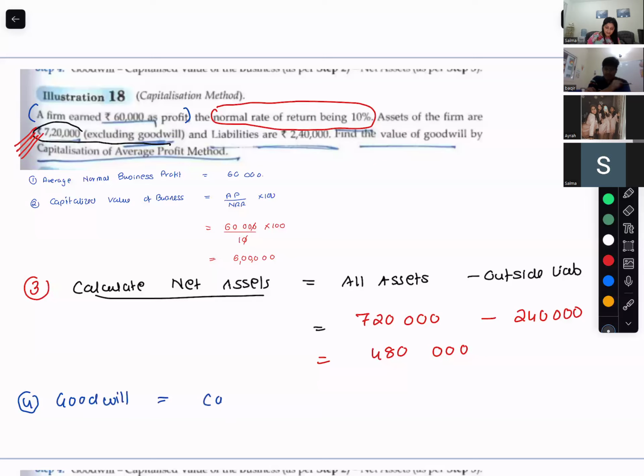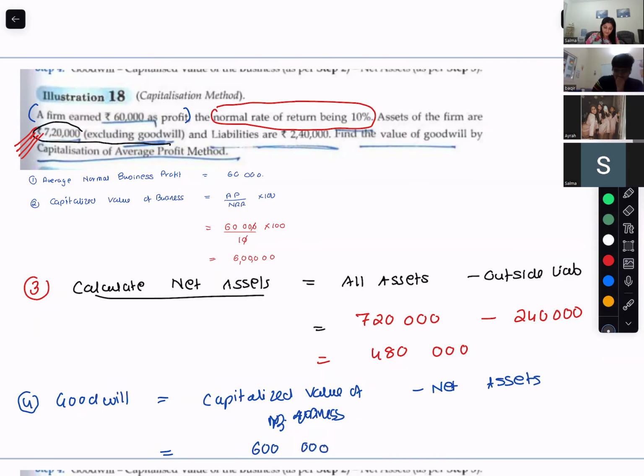We get the capitalized value of the business and subtract net assets from it. What is the capitalized value of your business? Your capitalized value of the business is 600,000 and your net assets is 480,000.